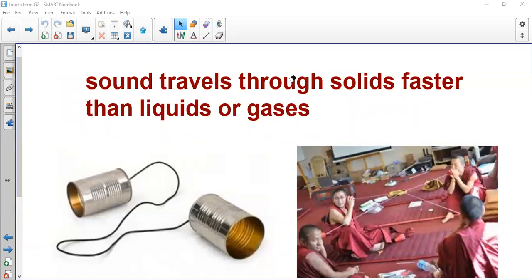When we used the two cans, they are made of metal and they are solids, so the sound will travel through the string to the other can and you will be able to hear the sound. Remember this sentence very well. I will not say it again. Sound travels through solids faster than liquids or gases.